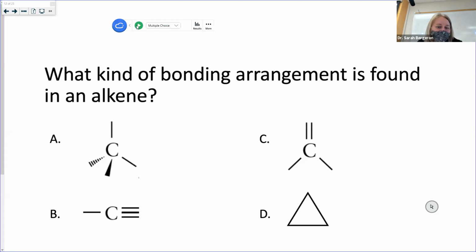So what kind of bonding arrangement is found in an alkene? An alkene. Click in on your own. Okay, there we go.